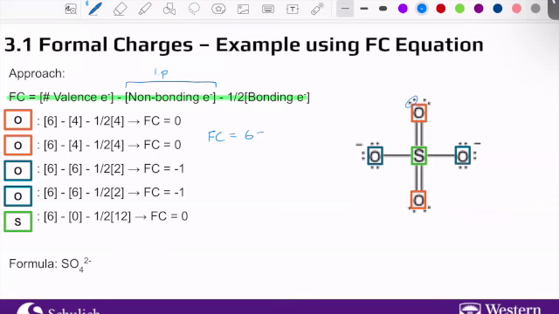So we have 4 lone pairs minus 1/2 our bonding electrons, which each bond makes up 2 electrons. So if we have 2 bonds, that means 4 electrons total, meaning then the formal charge associated with our oxygens is 0. That takes into account this one and this one.